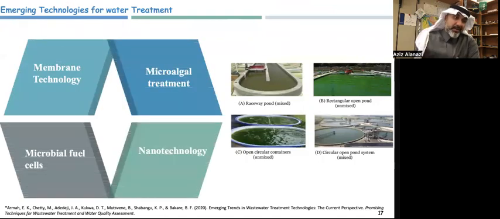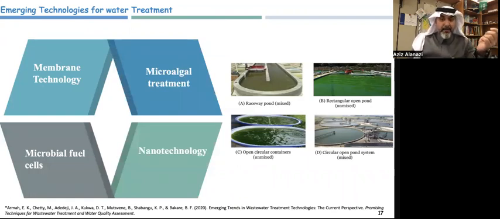So, more on emerging technologies for water treatment. We have membrane technology, a well-developed technology that is advancing more and more. Membranes are classified as a thin layer barrier for size differential separation, which are usually integrated with chemical and biological treatment processes or used as standalone technology.